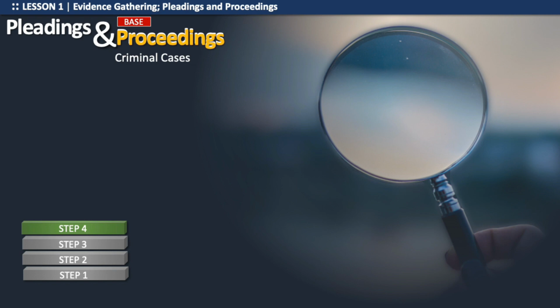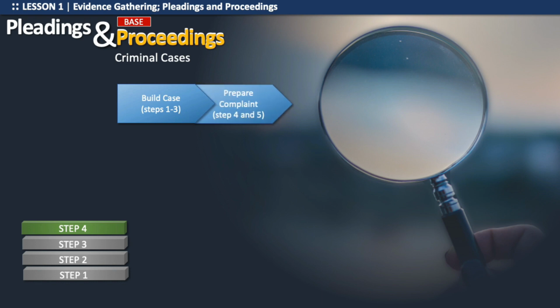In criminal cases, in the same way we would build a case, following steps 1, 2, 3, and when you get to a point where you have ample evidence, you would prepare the complaint. You have ample evidence when you have reached that foundational quantum of probable cause.